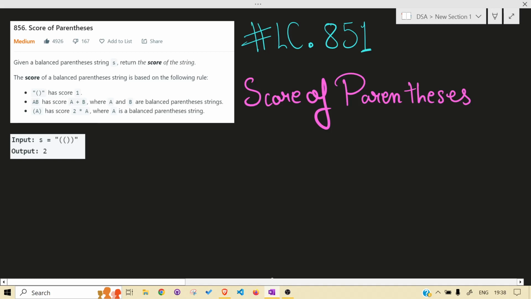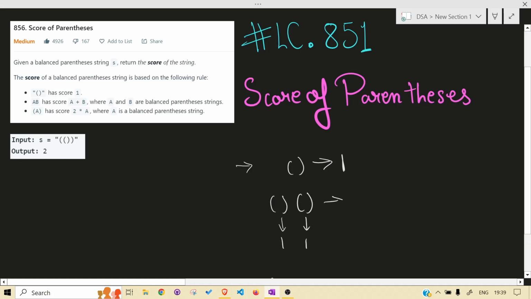What the problem is asking is that you need to return the score, and how you score is like this. If you have a balanced parenthesis, you get 1. If you have two balanced parentheses, you just add them, 1 plus 1, you get 2.